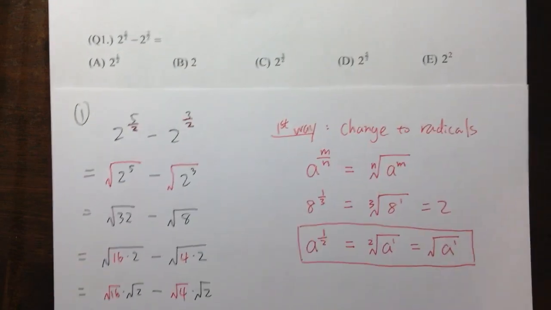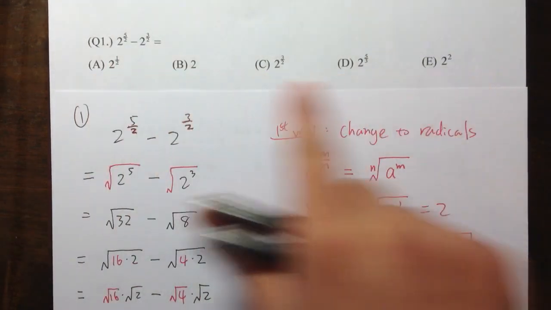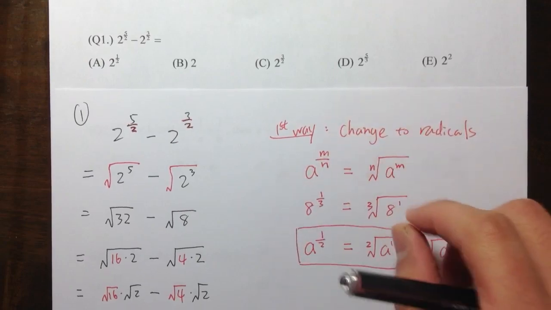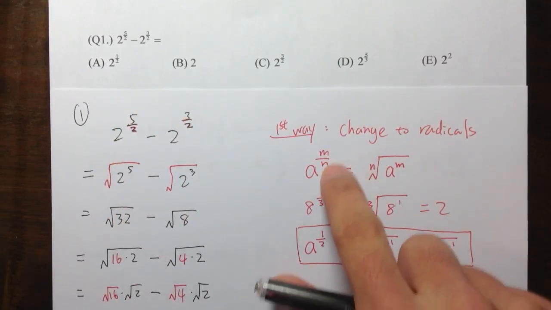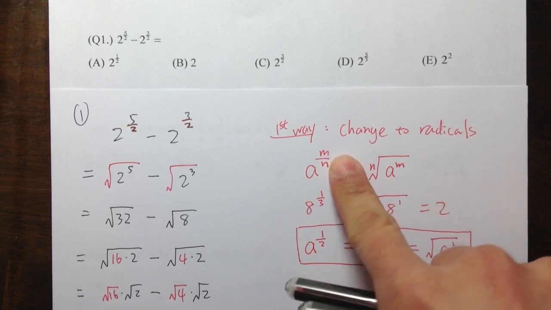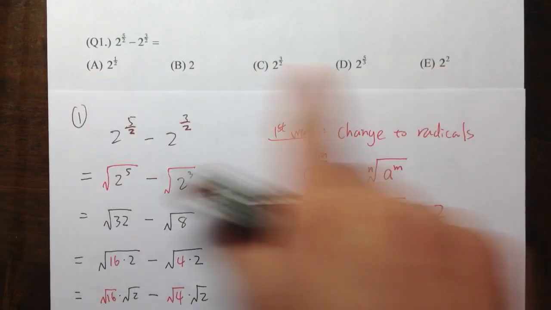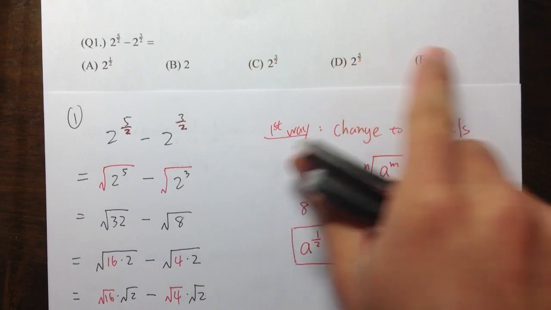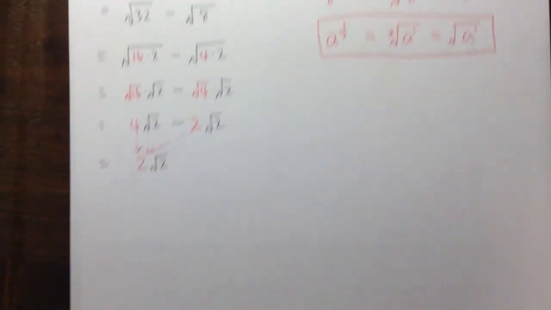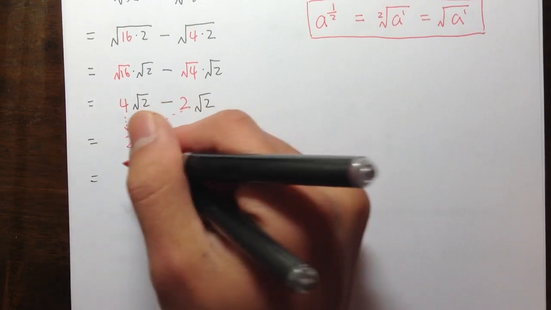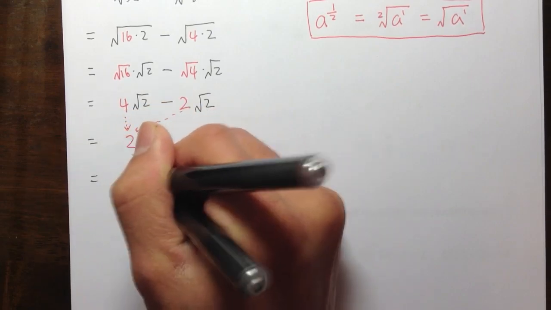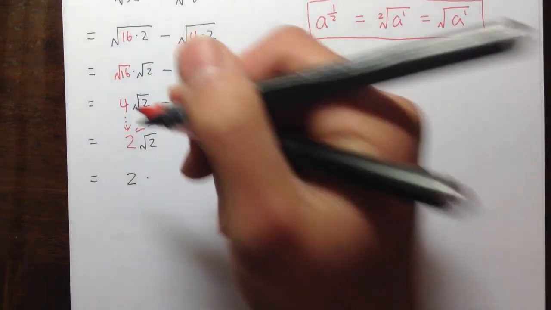However, if you take a look at the answer choices, we don't have 2 square root of 2. So we need to change back to the rational exponent, the fraction exponent, because that's what we have in the answer choices, a fraction in the exponent. So for this one, I have a 2 times the square root.